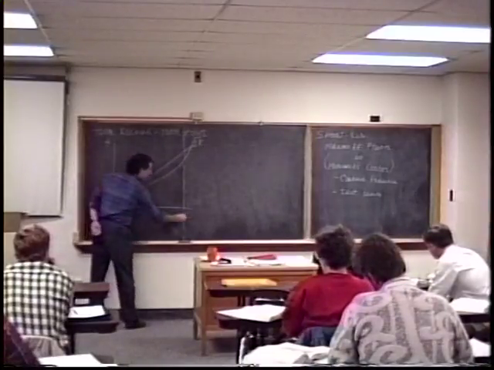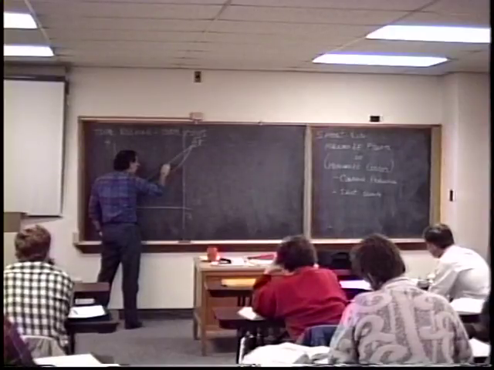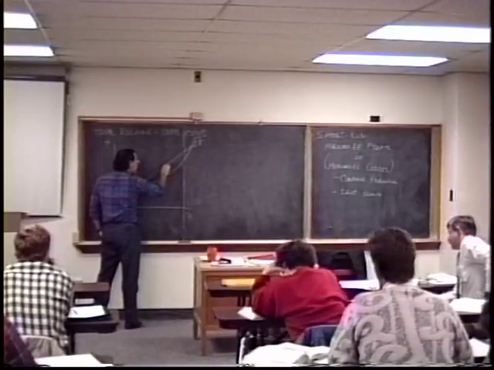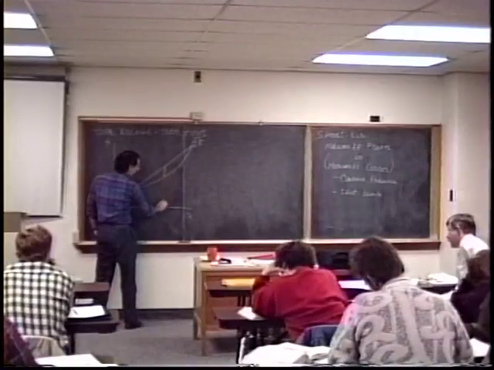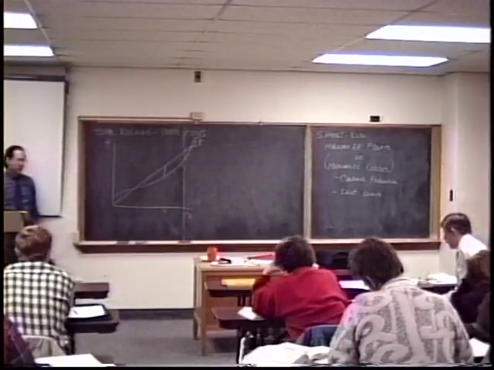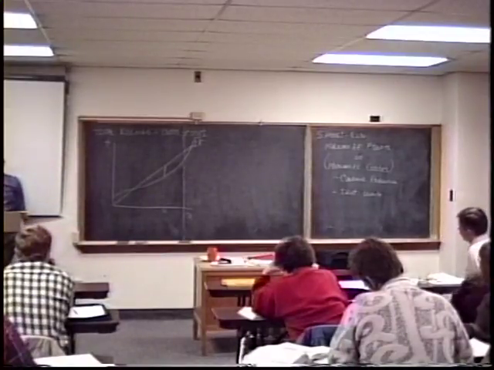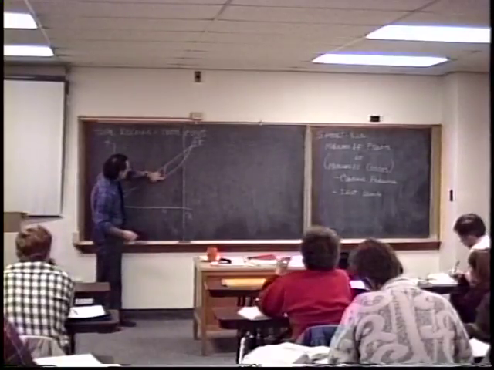Profits are going to be maximized where we have the greatest vertical distance between total cost and total revenue. So we're looking for the greatest vertical distance. And again, remember, this is total revenue. The bottom line is total cost.